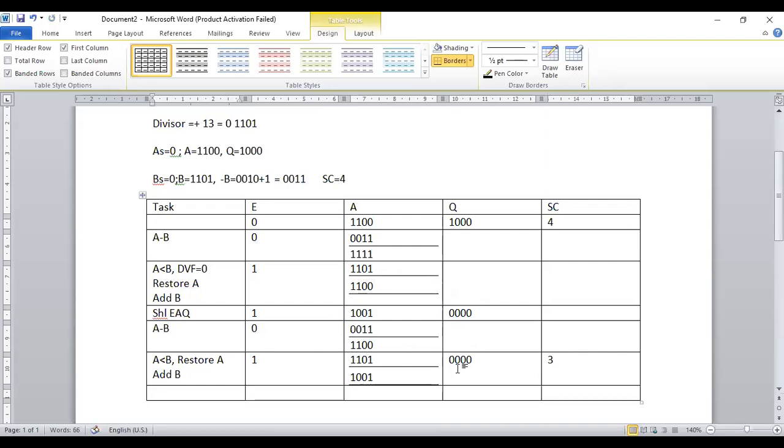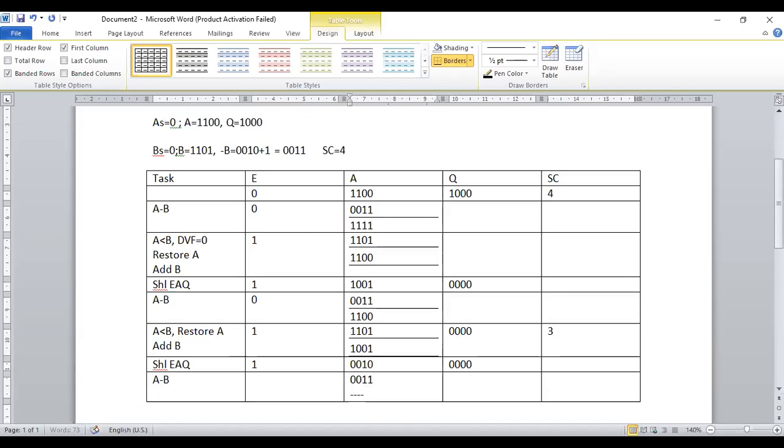For the next cycle, again SHL EAQ. So this will be 100100000. Now what do you have to do? A minus B. So add minus B, 0011.